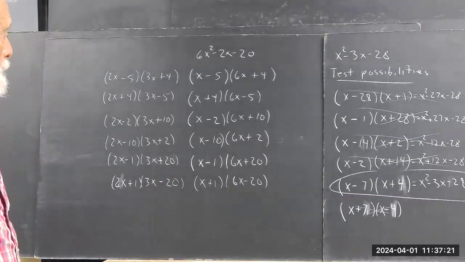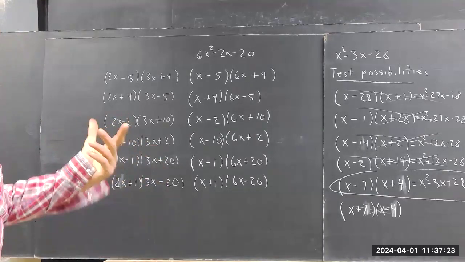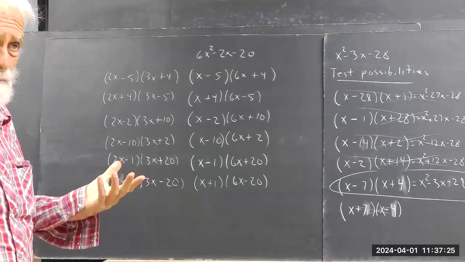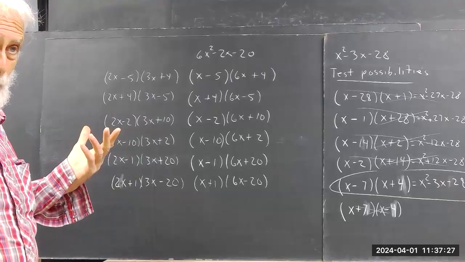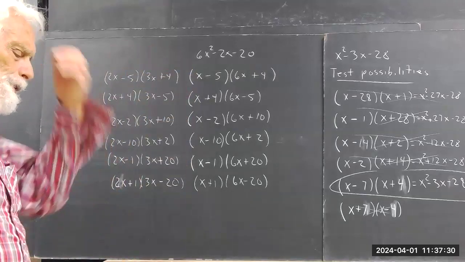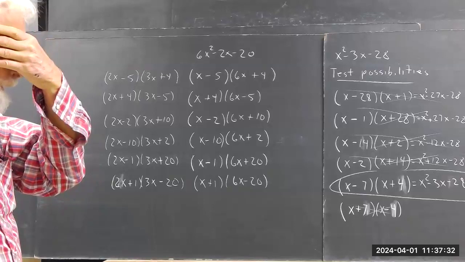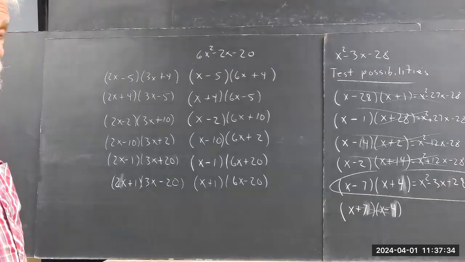Okay. Well, that's quite a few factors, but how long does it take to write them down? 2-3 minutes. Okay. Then you can start looking at them and see which ones are likely. And if you can't tell which ones are likely, you just start multiplying them.